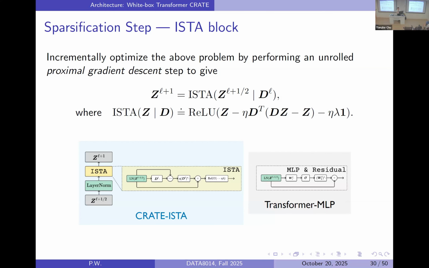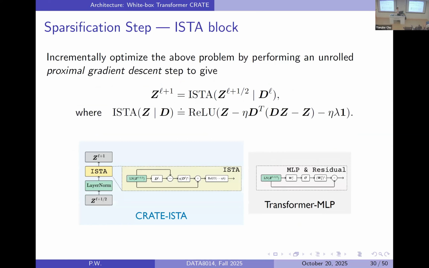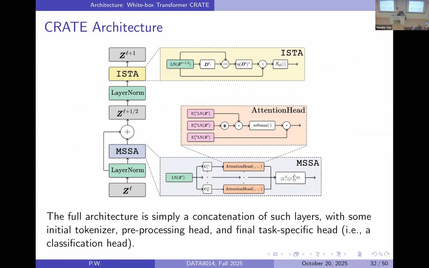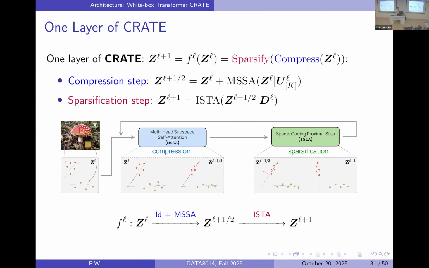To sum up, combining the above two steps, we get one layer of the white-box transformer architecture, named CRATE. Let me see, have I given the full name of this? Seems not. The full name of CRATE is Coding Rate Transformer.